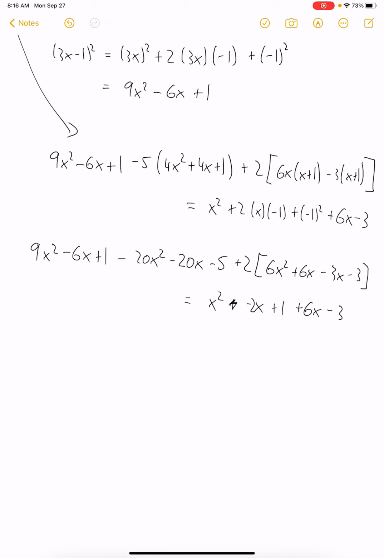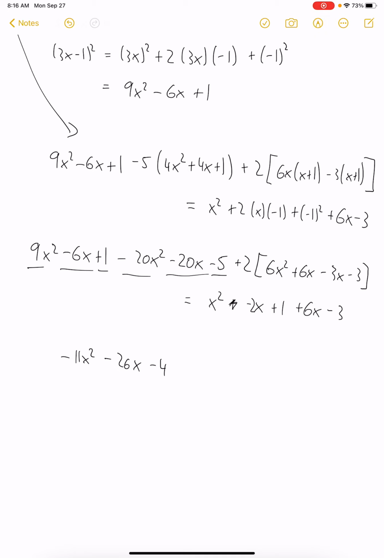Okay, so we can start simplifying things. First, the quadratic terms: 9 − 20 is −11x². Then we have −6x − 20x, which is −26x. And then we have 1 − 5, which is −4.